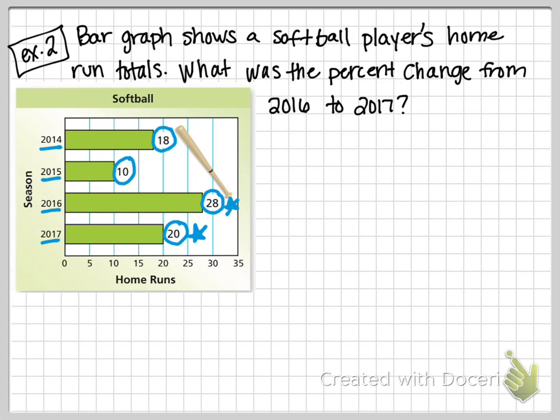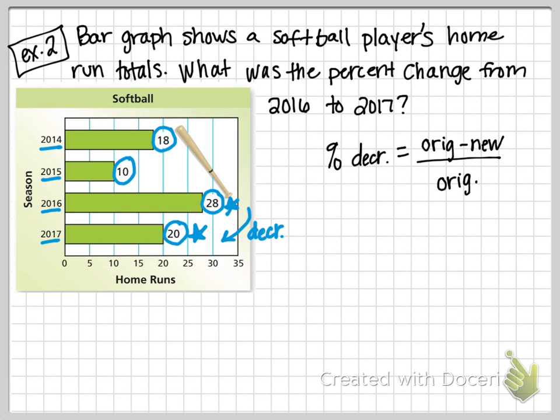So looking at this, we can see that from 2016 to 2017, this player had a decrease in home runs. So this is going to be a percent decrease from 2016 to 2017. So if we recall, percent decrease is going to equal the original minus the new over the original.